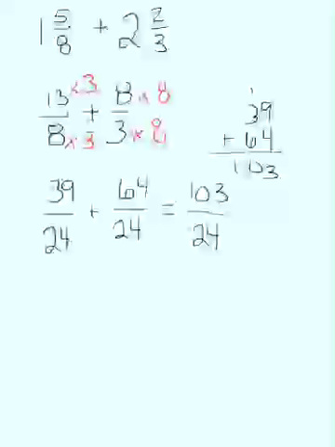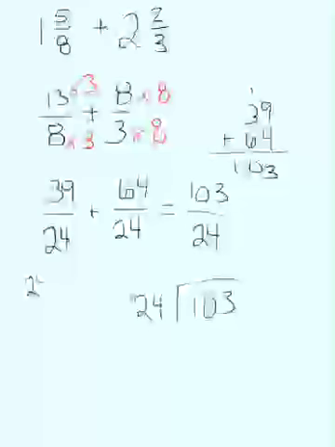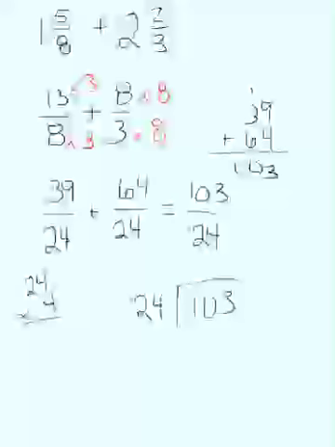Since these started as mixed numbers, most of the time I will have you answer as mixed numbers. 103 divided by 24. I don't expect you to have your 24 times tables memorized. Do it over to the side. I'm going to do 24 times 4. Find out if that gets me close. 4 times 4 is 16.